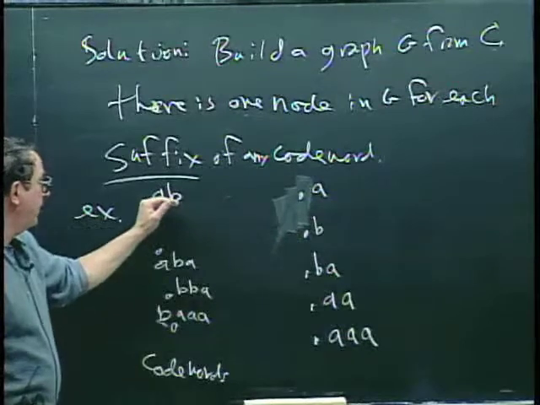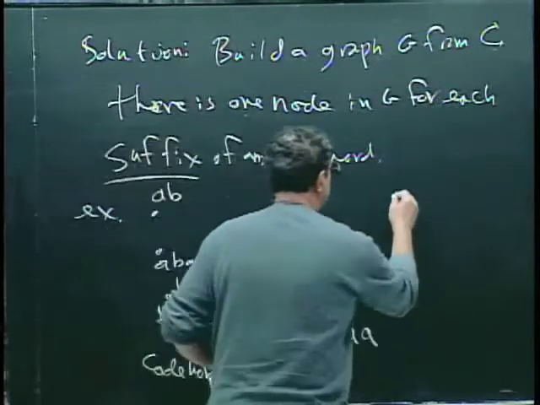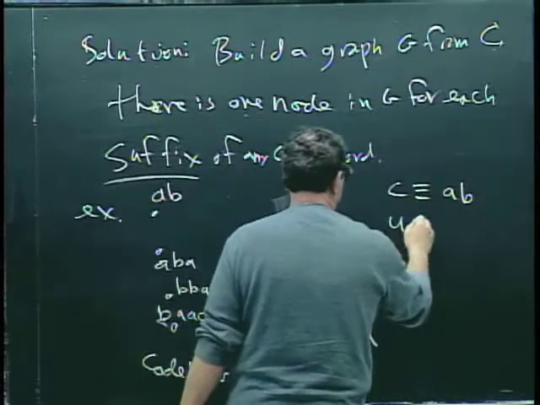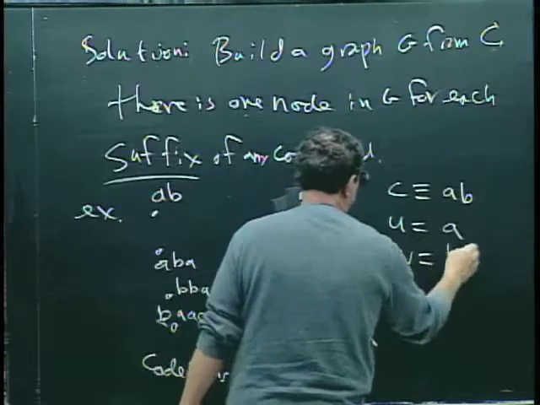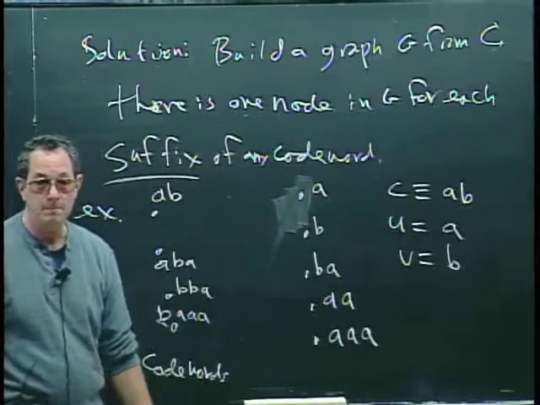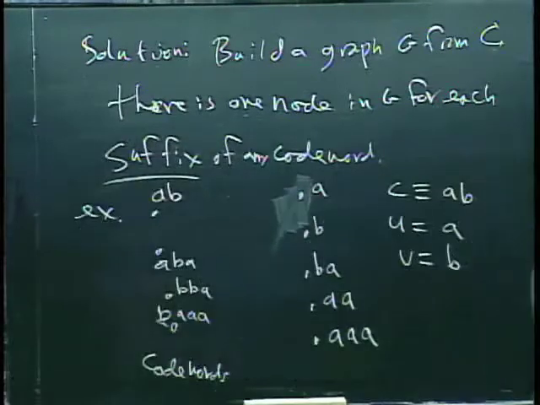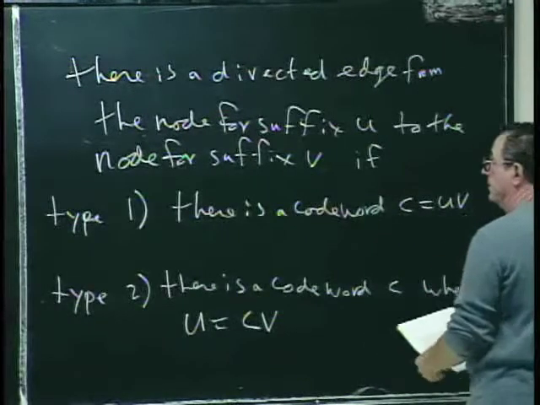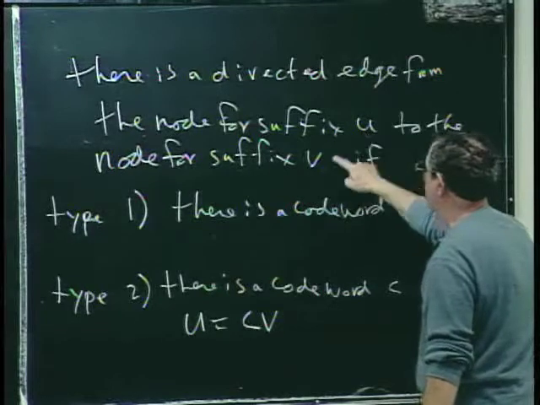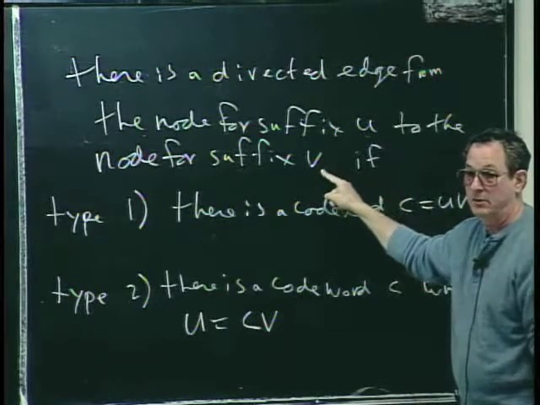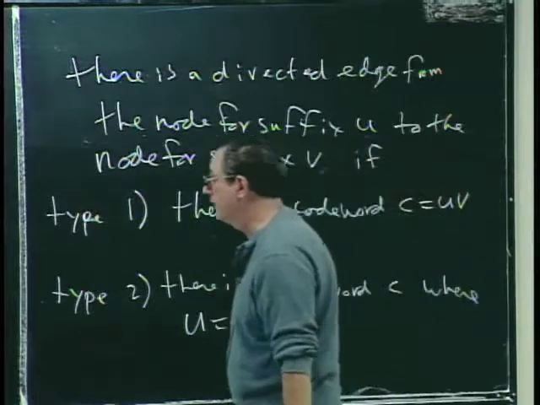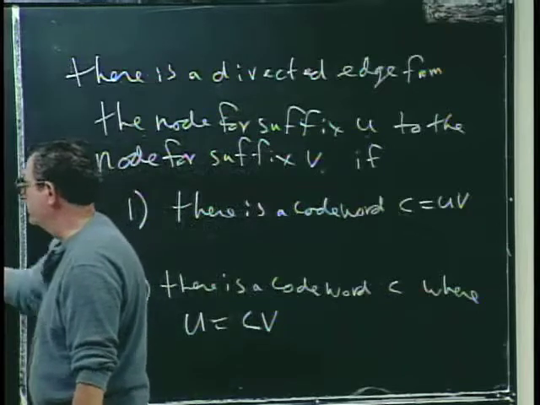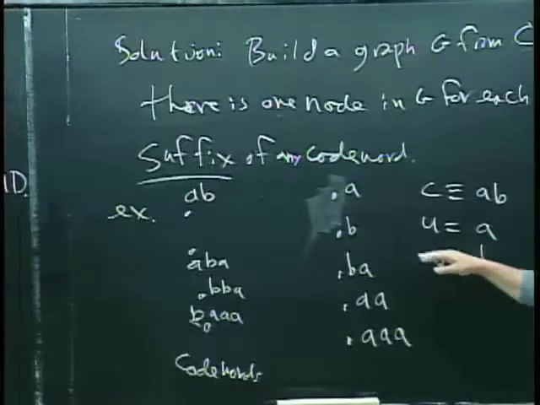So if we take C to be AB, then we can take U to be A and V to be B. Right? So there's a code word C, which is equal to U followed by V, where U is a suffix of a code word, V is a suffix of a code word. So here's an example, AB, U is a suffix of a code word, it's there, B is a suffix of a code word, it's there.